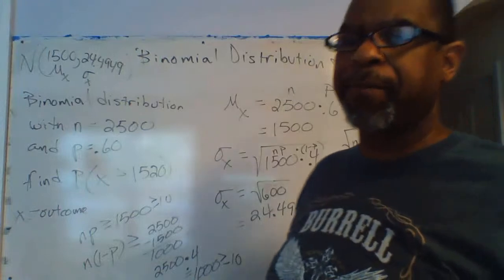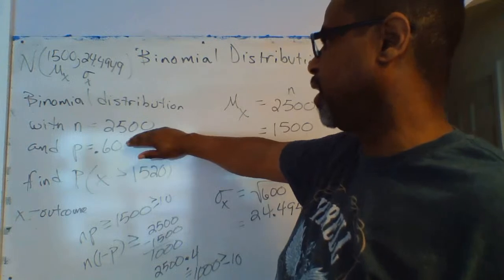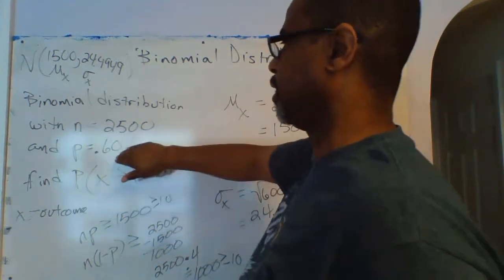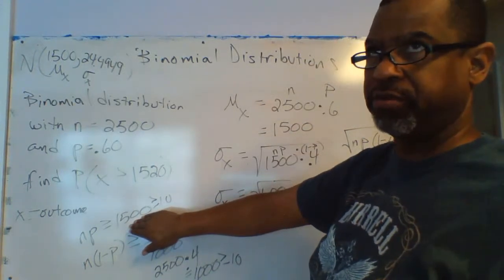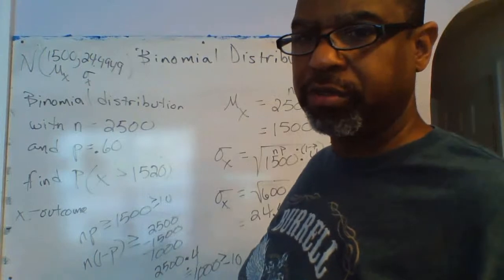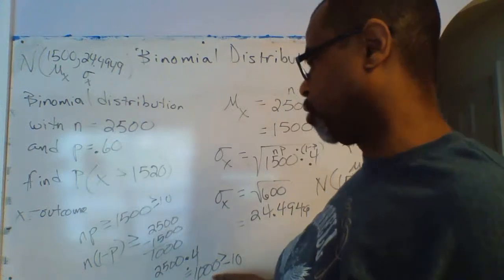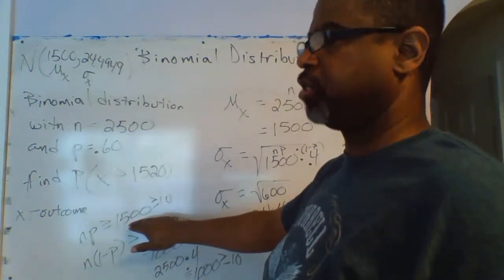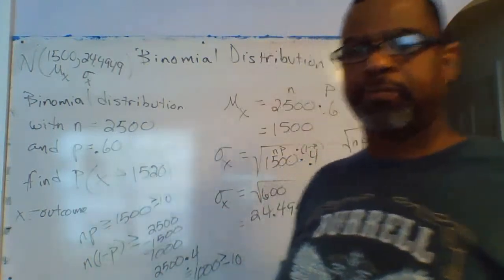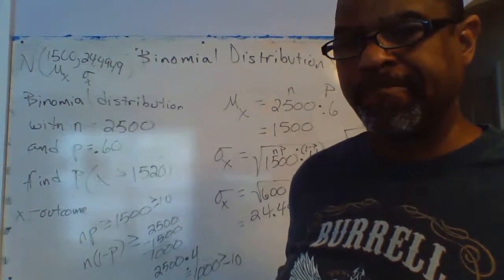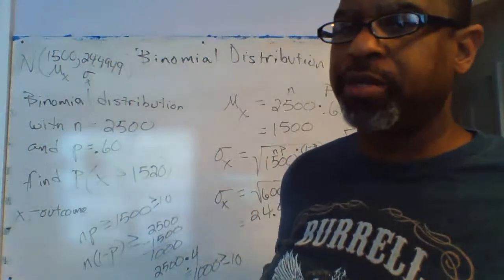You can think about it this way: 60% of 2,500 is 1,500, and 40% of 2,500 is 1,000. So 1,000 plus 1,500 is 2,500. What's the total sample size? All right, you're welcome anytime.